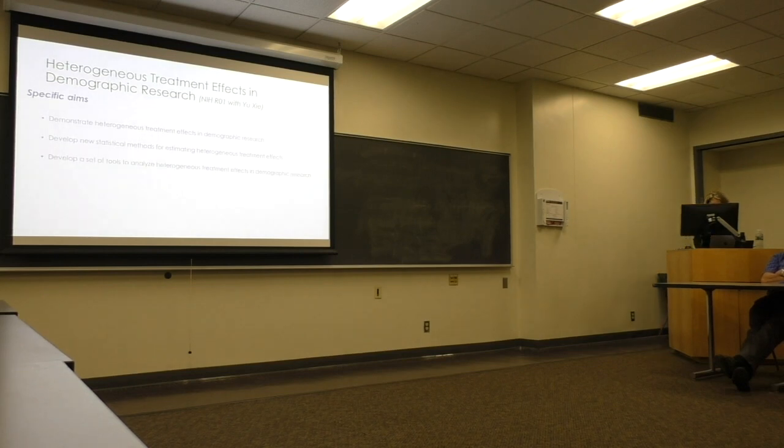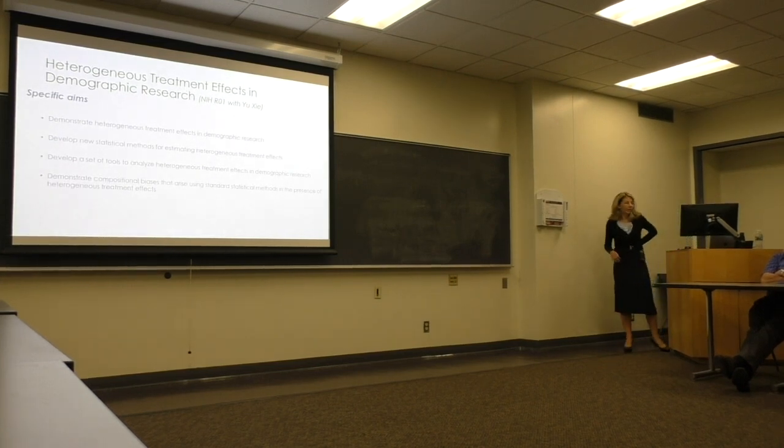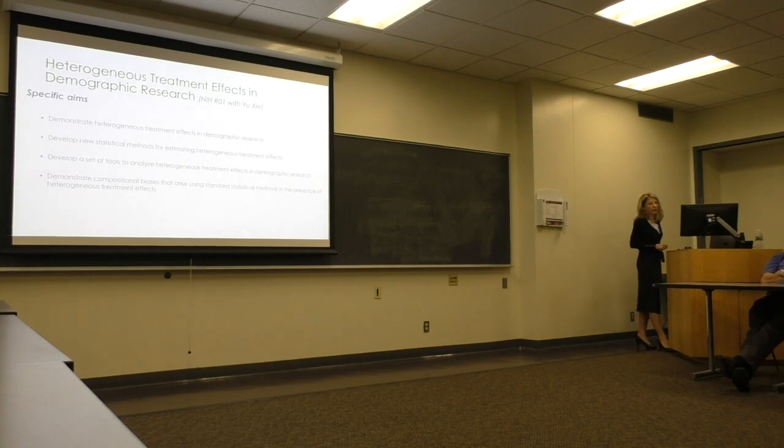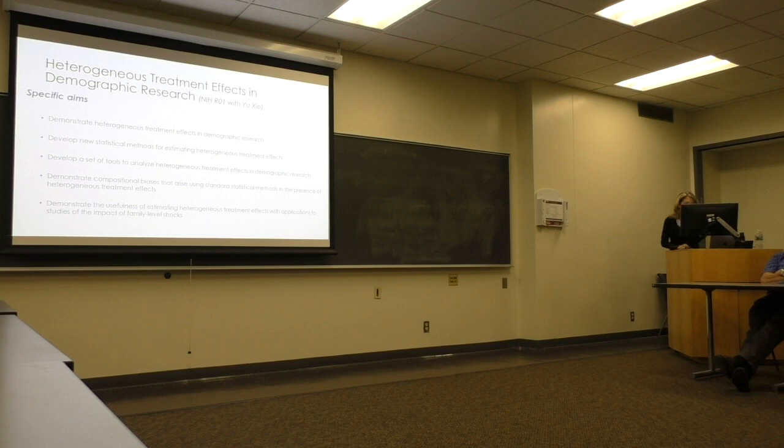We developed a set of tools to analyze heterogeneous treatment effects in demographic research, demonstrate compositional biases that arise using standard statistical methods in the presence of heterogeneity, and then demonstrate the usefulness of estimating such heterogeneous treatment effects with applications to the study of the impact of family-level shocks. So it's this final aim that I'm focusing on today in this project.